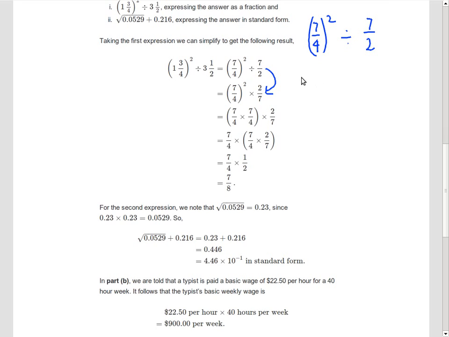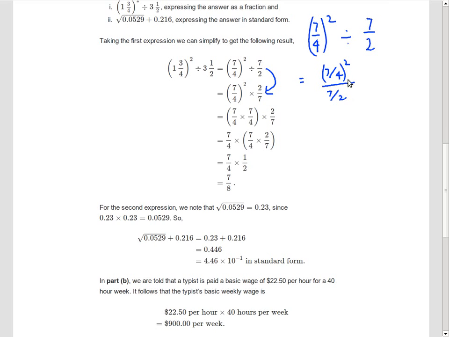Now this could be rewritten as 7/4 all squared all over 7/2. Now if we multiply a number, remember, although this looks fancy and complex, it's still just a number. And if we multiply a number by 1, it doesn't change the value of the number. So 2 by 1 is still 2, 3 by 1 is still 3, a half by 1 is still a half, right? So it doesn't change the number.